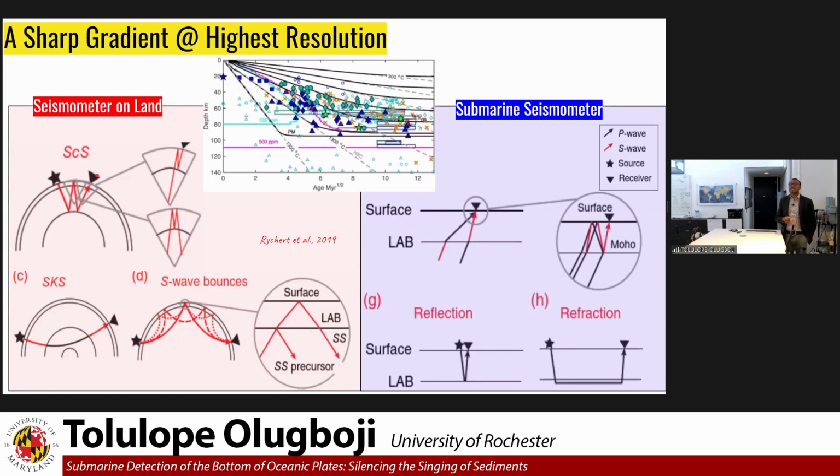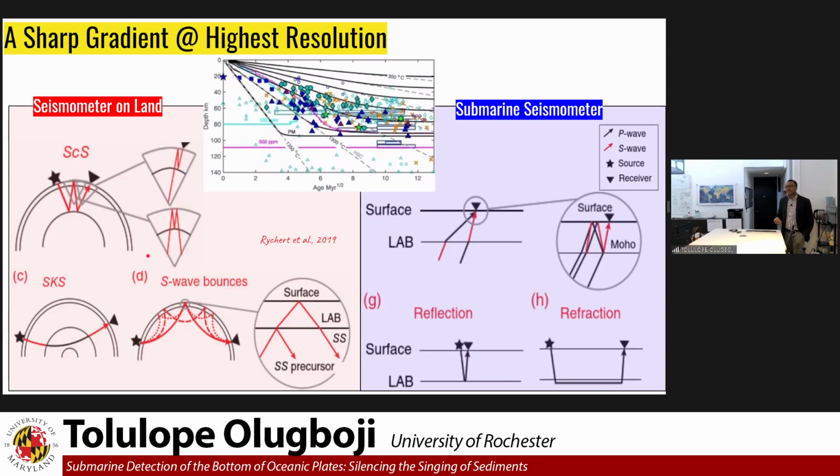So that triangle there is the seismometer, that star there is the earthquake, and using bounce waves, in this particular case, S waves that bounce off of the core, head back onto the surface and bounce back onto the receiver, you can interrogate the structure midway between the station, the seismometer, and the earthquake. So I will call all this class of techniques where you're using a seismometer placed on land and interrogating the structure midway between the seismometer and the earthquake. A huge population of this distribution of observations comes from these observations here.